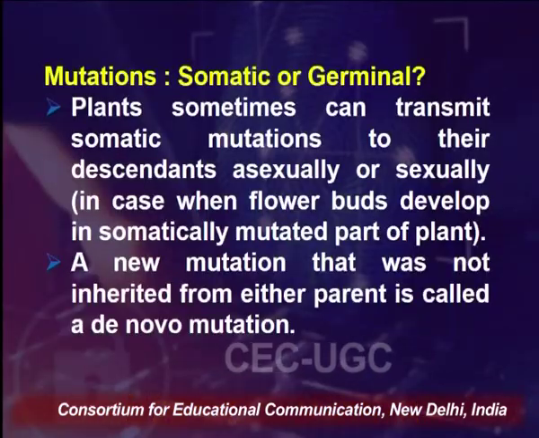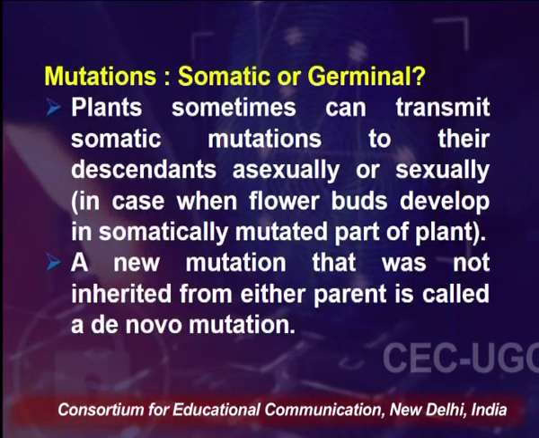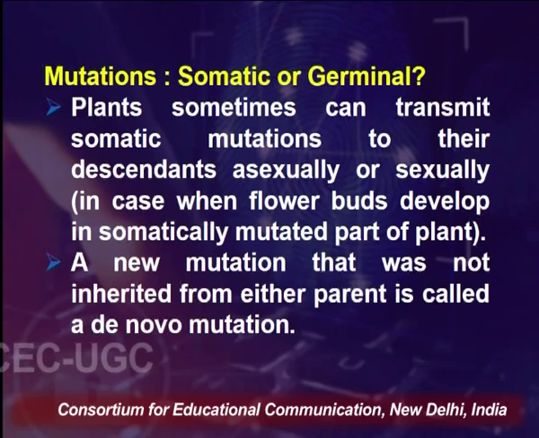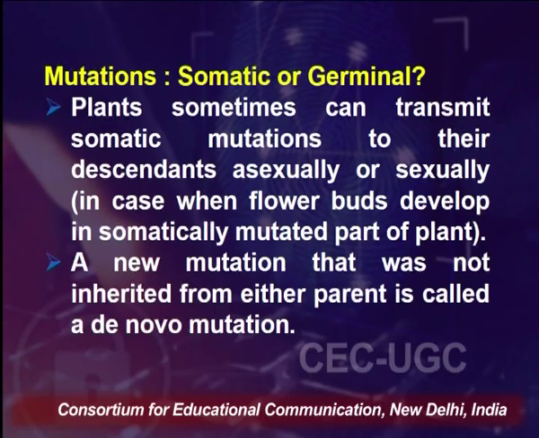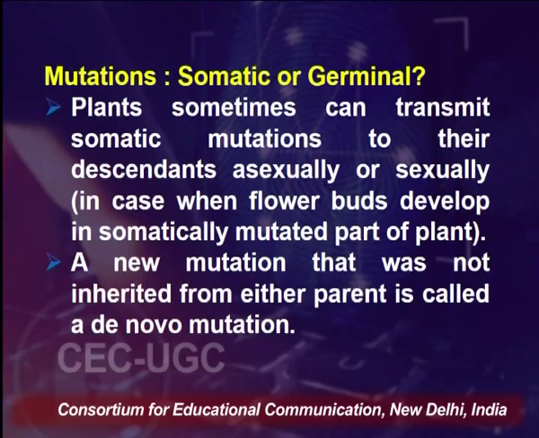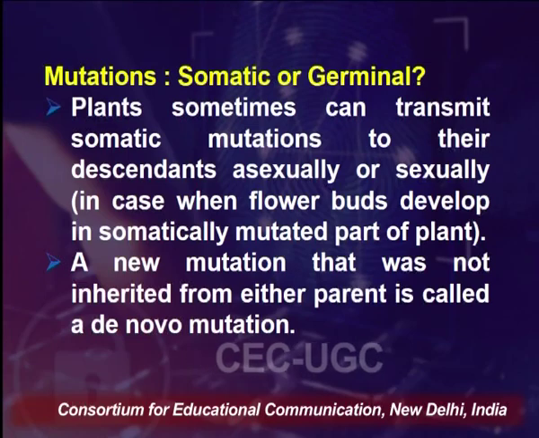If we take an example, some plants can transmit somatic mutations to their descendants asexually or sexually. For example, when flower buds develop in a somatically mutated part of a plant. A new mutation that was not inherited from either parent is called a de novo mutation.